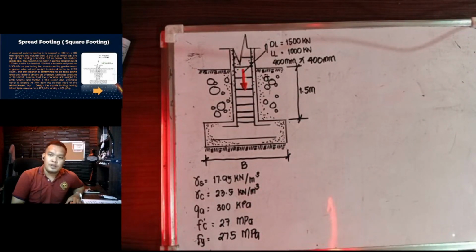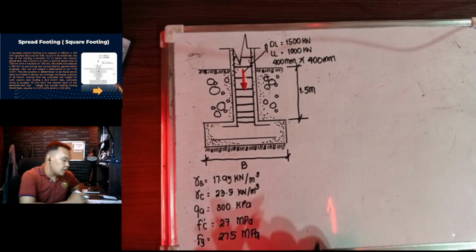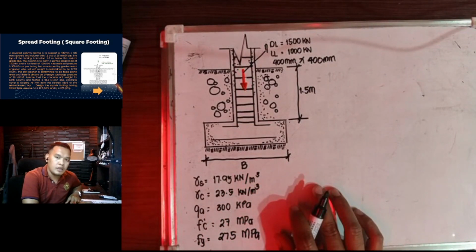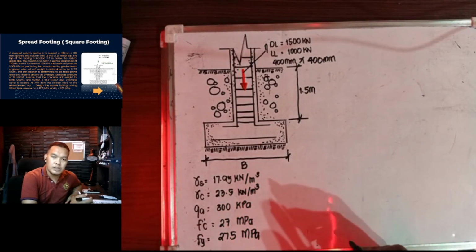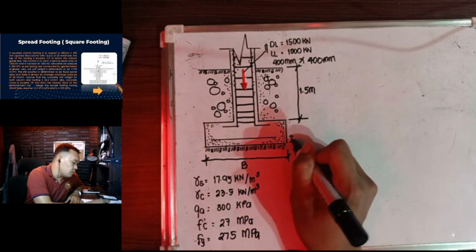At least you drew it properly. Then it says there is a 75 mm concrete cover from the nearest reinforcing steel bar, so from this one to this one, I have 75 mm.